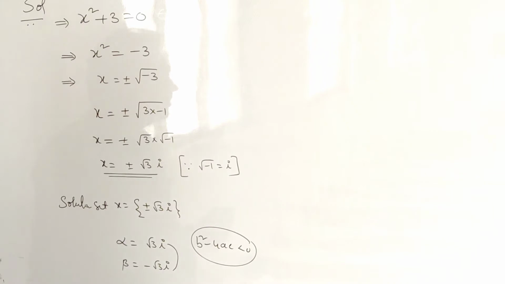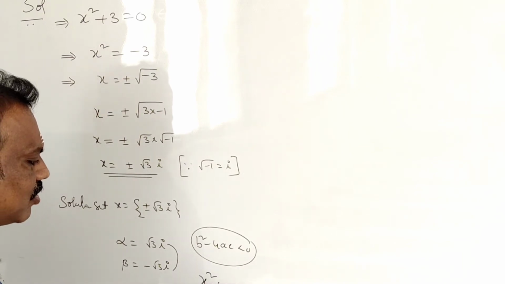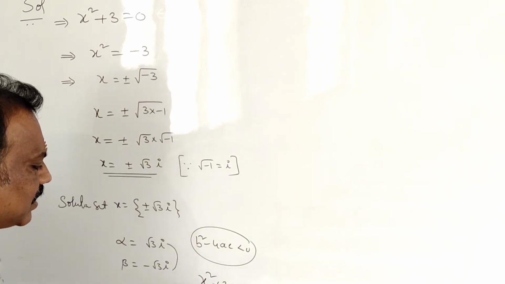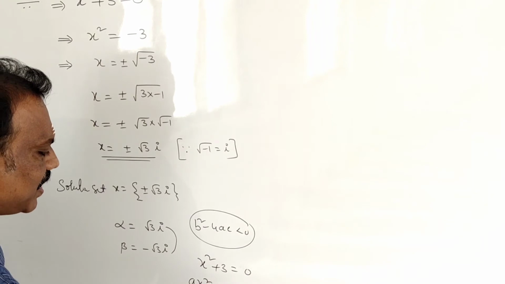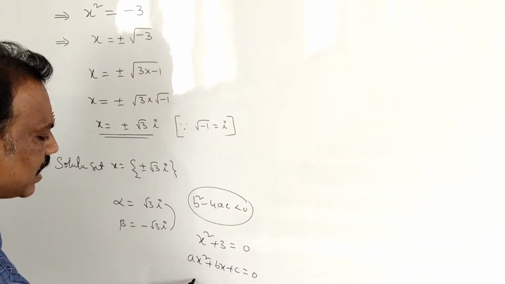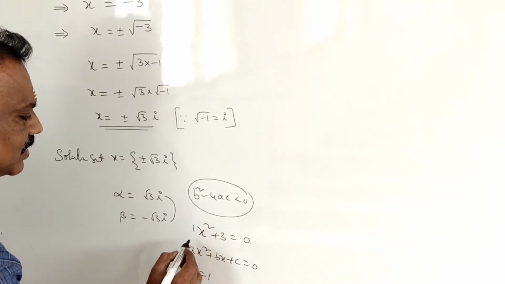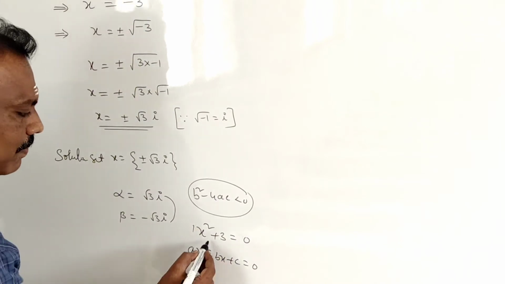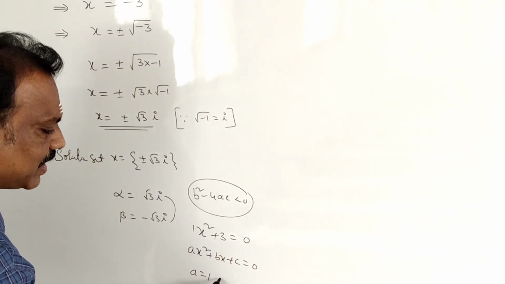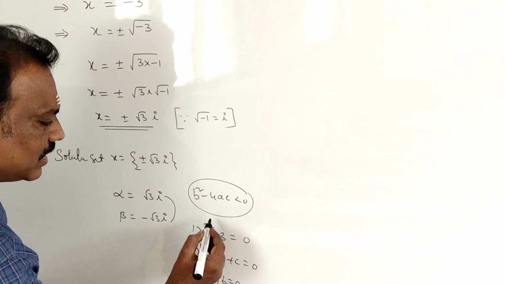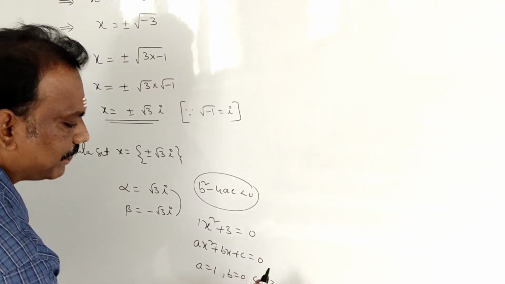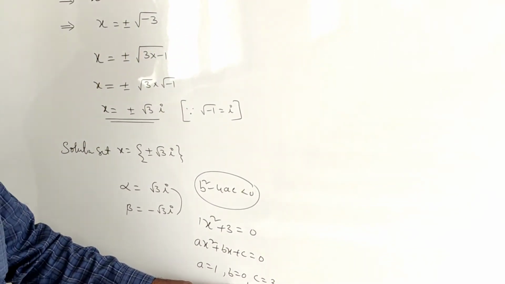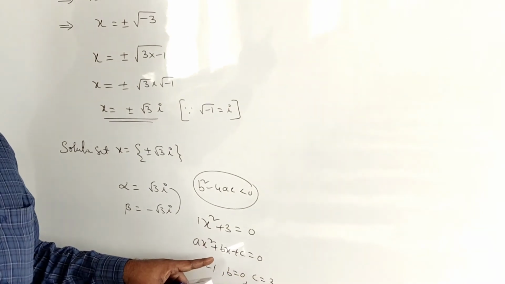Correct, students? Sir, how would we know b square minus 4ac is less than 0? Very simple. x square plus 3 is equal to 0. If you compare this with ax square plus bx plus c is equal to 0, the a value is 1 because this is the x square coefficient. The b term, the x coefficient, is absent here, so b is equal to 0, and the c term is 3. I told you if the b term is 0, it is called a pure quadratic.